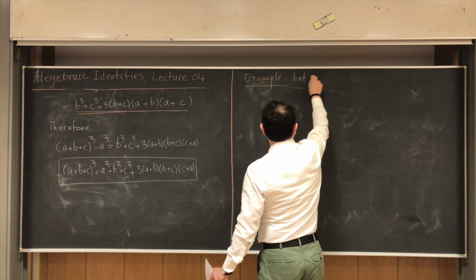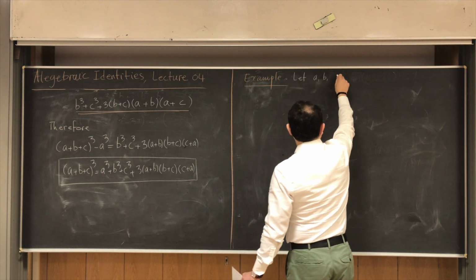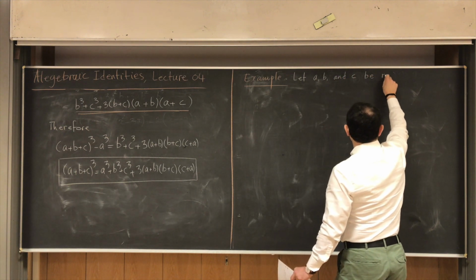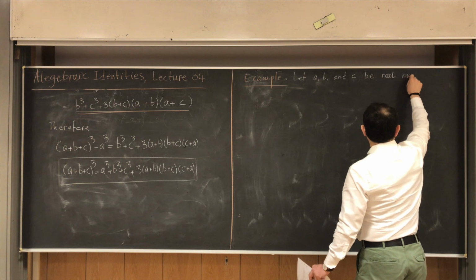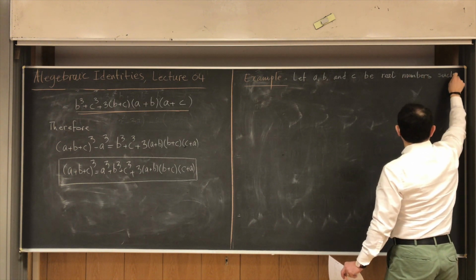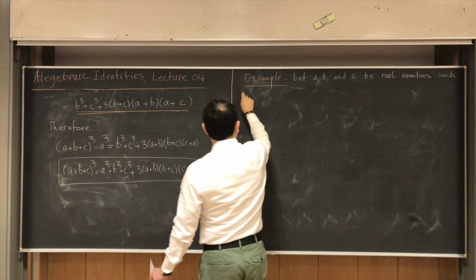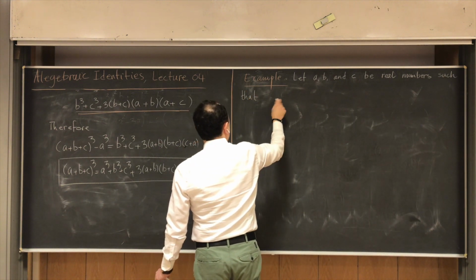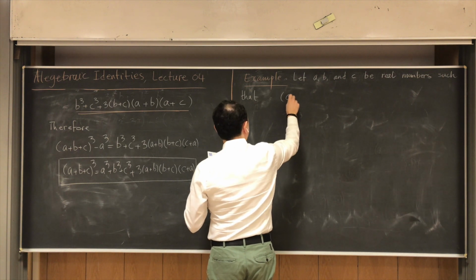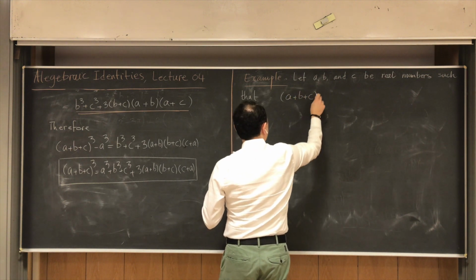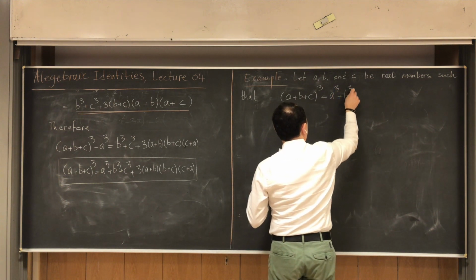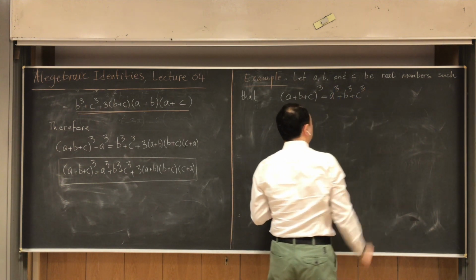let A, B, and C be real numbers such that we have this. We know that (A plus B plus C) to the 3 is equal to A to the 3 plus B to the 3 plus C to the 3.